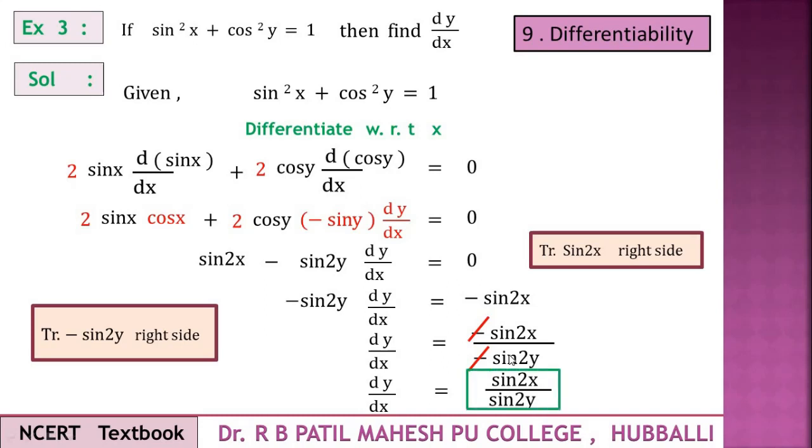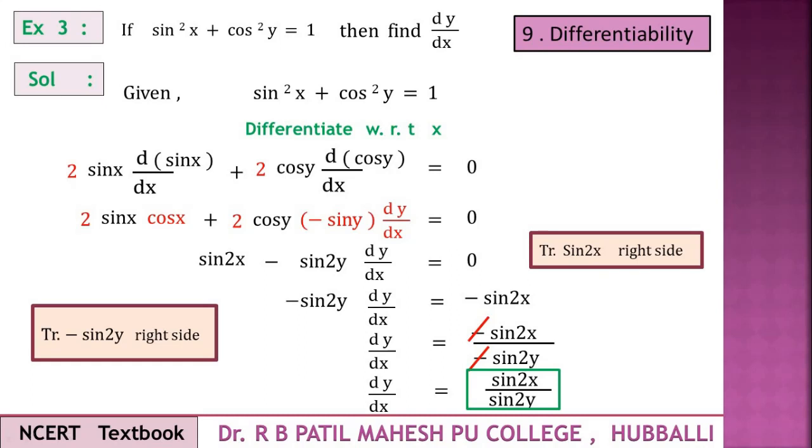So this is the derivative of the given equation. This example is important for 3 marks or 2 marks in the annual exams. On implicit equations, usually 2 marks or 3 marks questions you may get in the annual exams.